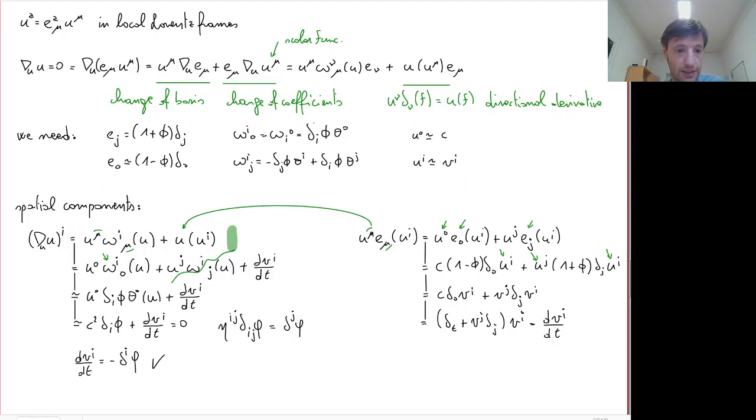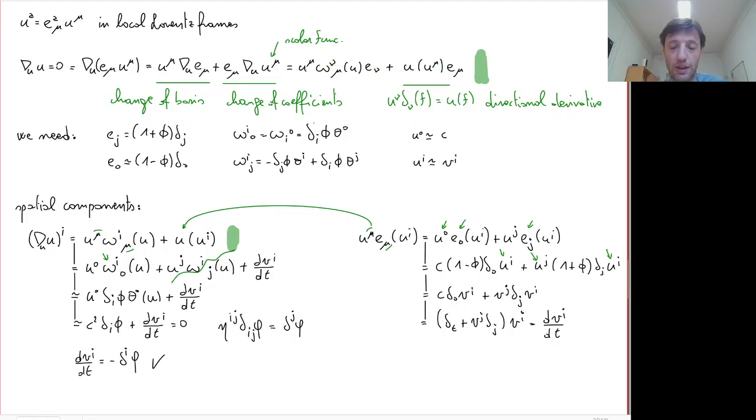Now look at this expression. It is exactly this one, except for the fact that we are not using the basis. Here you see an e_nu and e_mu, but keep in mind that these are dummy indices. You see nu nu and mu mu.